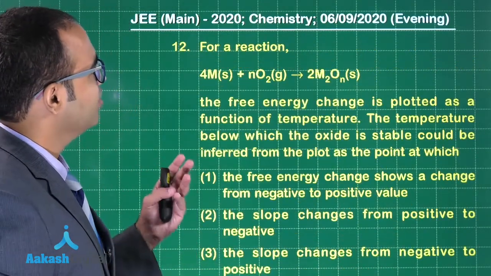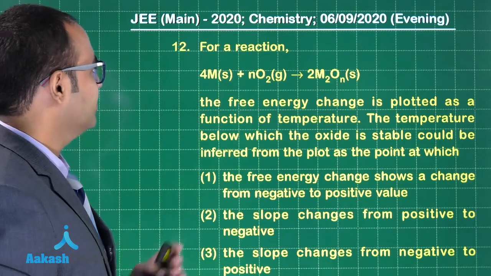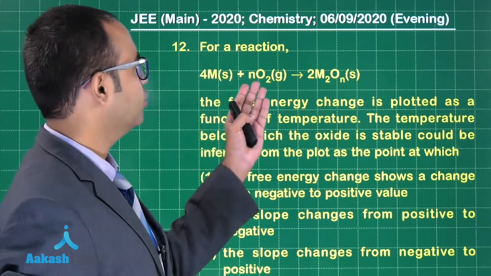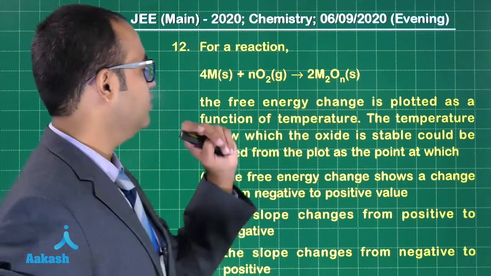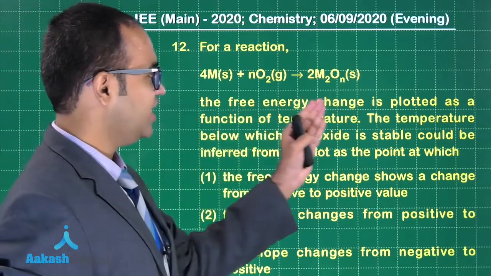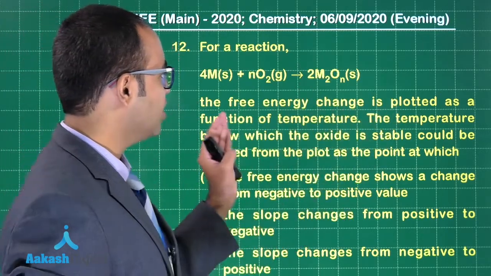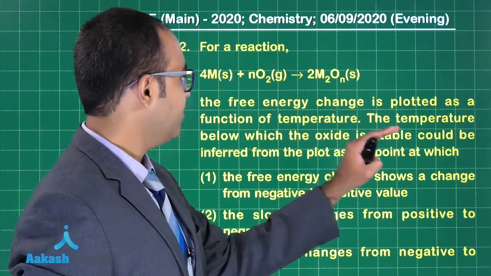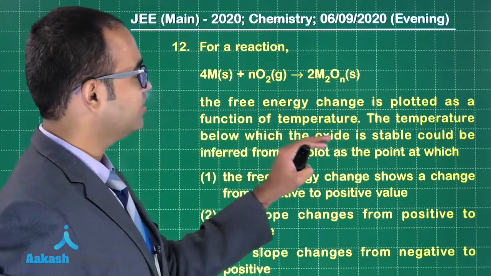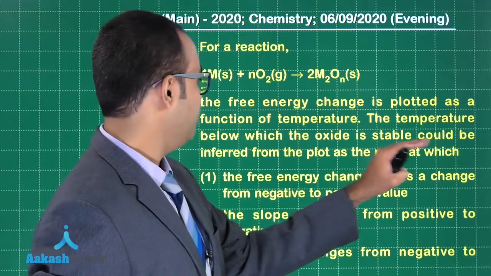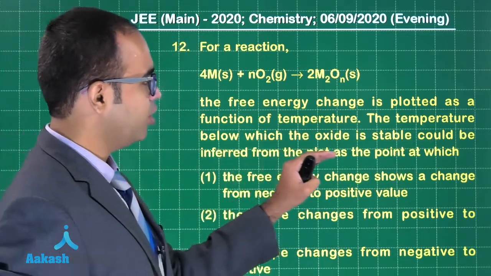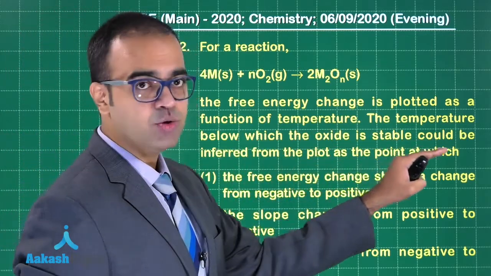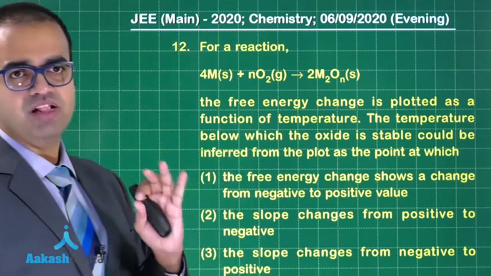Next question. For a reaction M plus O2 giving you M2O, the free energy change is plotted as a function of temperature. The temperature below which the oxide is stable could be inferred from the plot as the point at which. Be very careful while solving this.